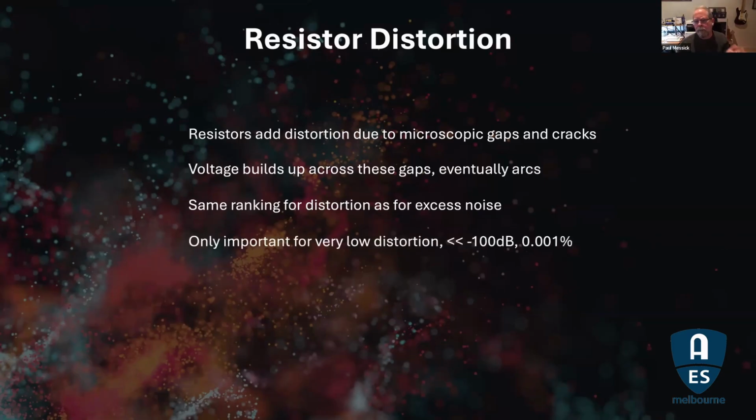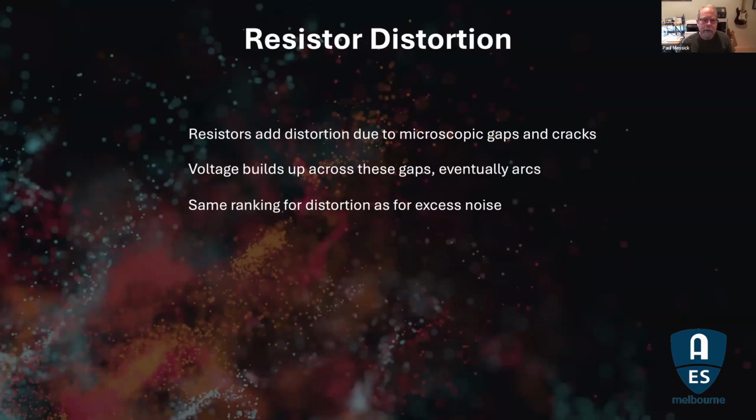This is only important when you've got distortion that's very, very low. I've run into it at distortion levels below about minus 110 dB. That's where this starts to make a difference, and it doesn't always, but it does sometimes.